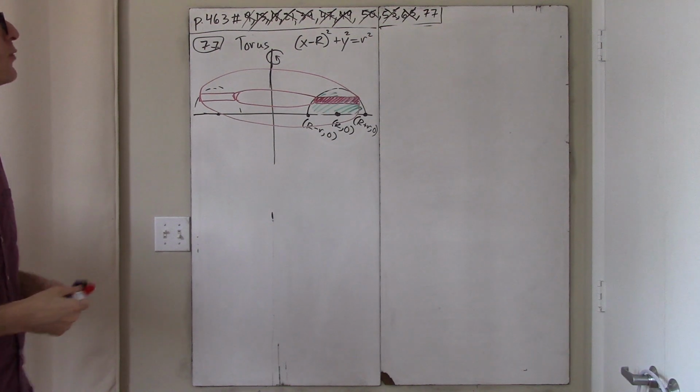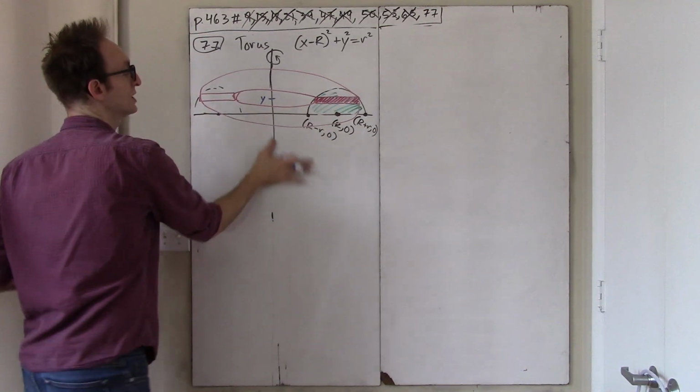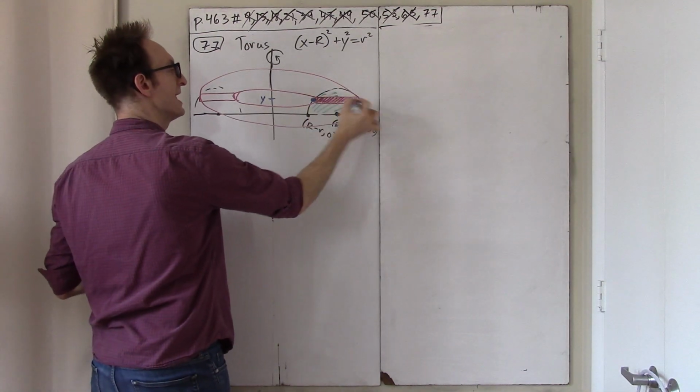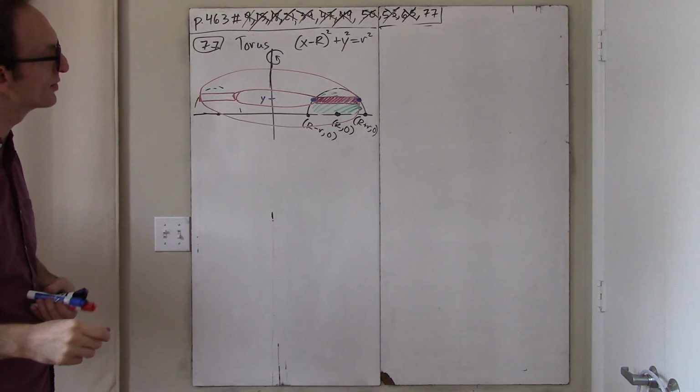Since I'm rotating about the y-axis, I'm going to take an arbitrary y value. Now I need to know what this point is here, and what this point is here. Well, what are those points?